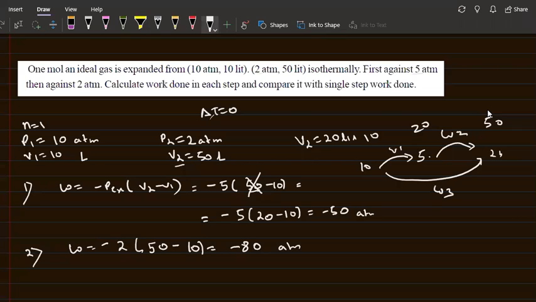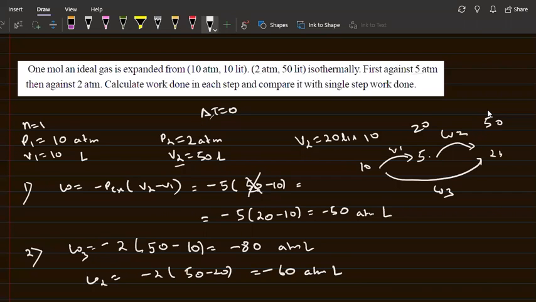Now, when we talk about W2, W2 should be what? Minus 2 into 50 minus 20, which is minus 60 atm meter. Got it?